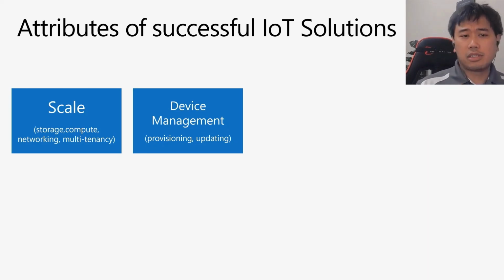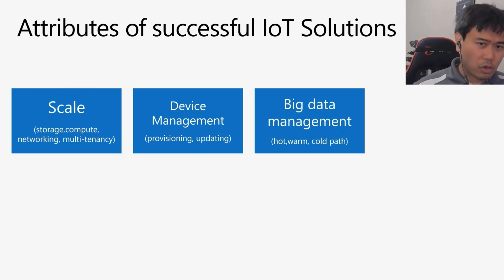Another one is device management, and how do you provision each one of the devices? The life cycle of each device. How do you disable, enable them, and handle software updates or OS or firmware updates on each one of these devices? You also have to think about big data management.